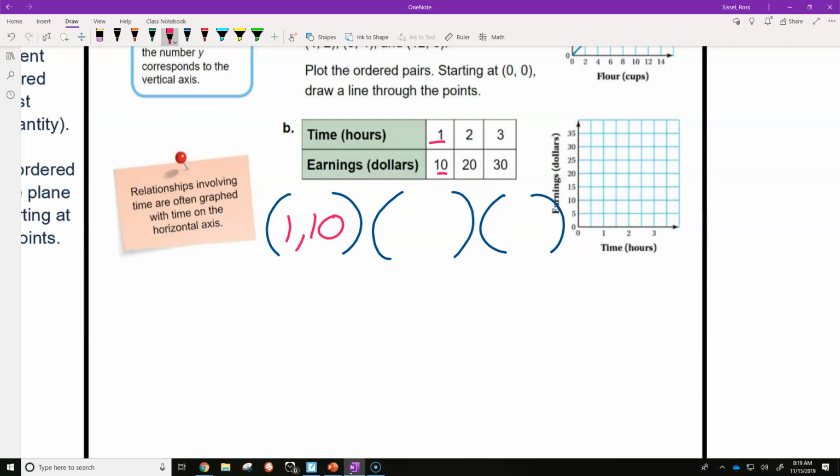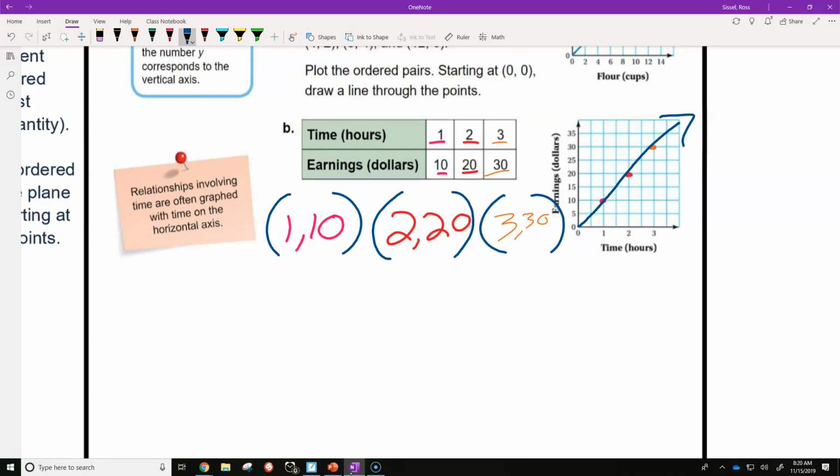X, Y. 1, 10. 2, 20. Over 2 up 20. Grace. 3 and what? 30? 3, 30. And we draw our straight line as best we can. And there's our answer.